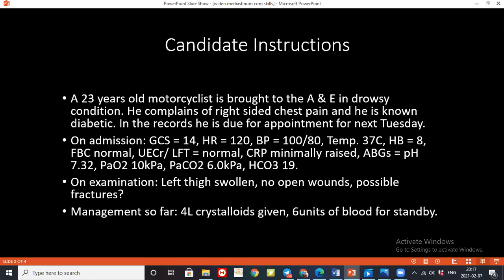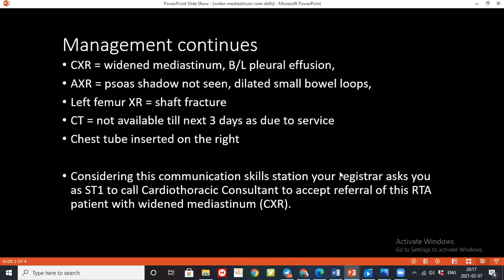Okay. Then you said something about the abdomen and the absence of psoas shadow. How will you manage this? Yes, the absent psoas shadow denotes the presence of an intra-abdominal injury like splenic injury, which may require exploratory laparotomy.